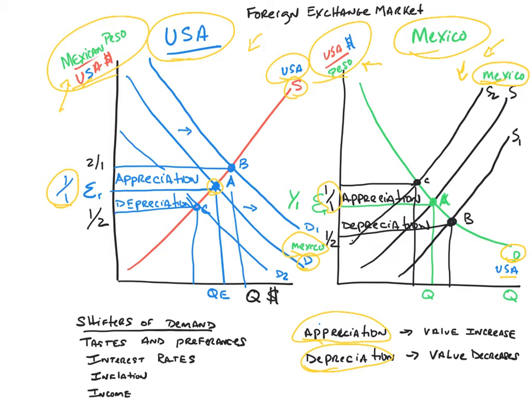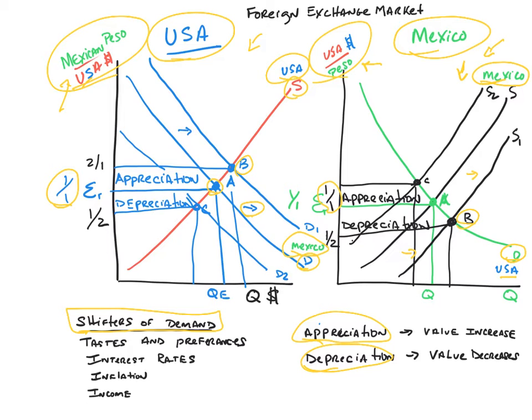There are actually going to be four shifters of our demand curve. But what I want you to note is that when demand shifts on the USA, understand that supply shifted over here to get to this point B. So what I'm wanting you to understand is that if we shift demand on one side, we shift supply on the other country.